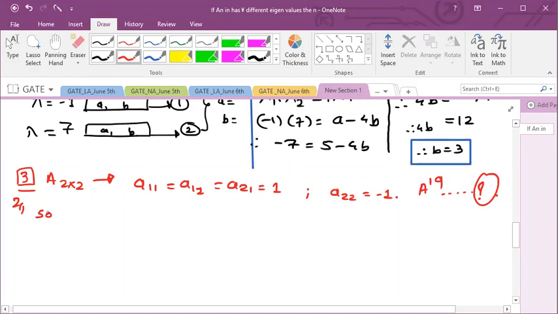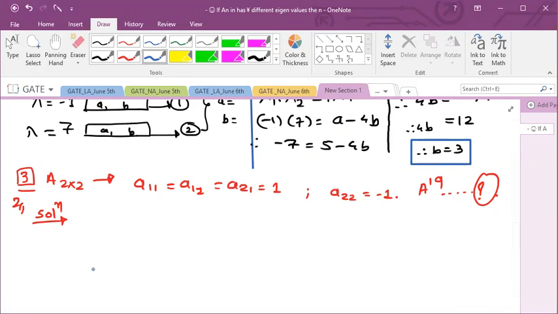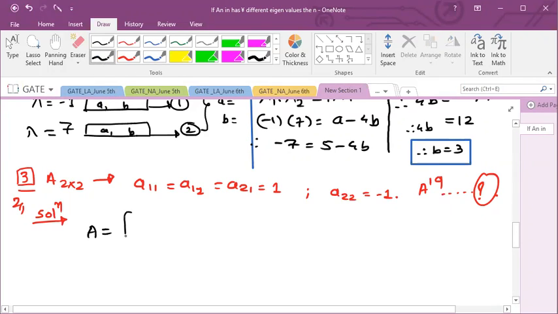Okay, so let us see this carefully. Now we have to find the eigenvalues of A to the power 19. How can we find that? First understand this carefully. Suppose this is my matrix A. A contains, if it is 2 by 2, A11, A12, A21, A22.